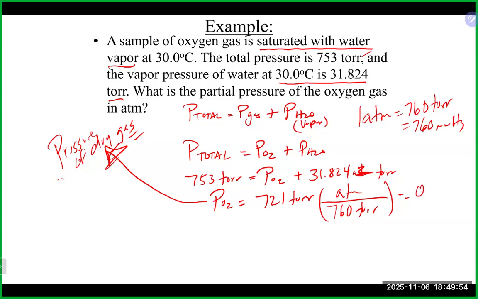We can go with 0.949 atmospheres in this case, which would be the pressure of just our dry oxygen gas by itself after we get rid of the pressure associated with the excess water that was collected as a result of how we actually collected the gas in this case. Any questions on that one there?